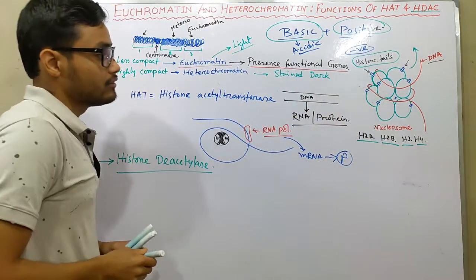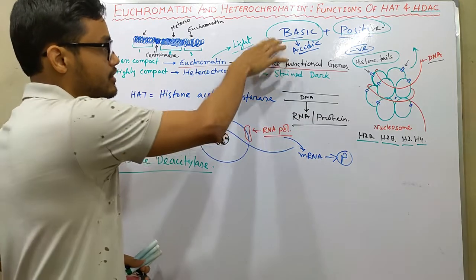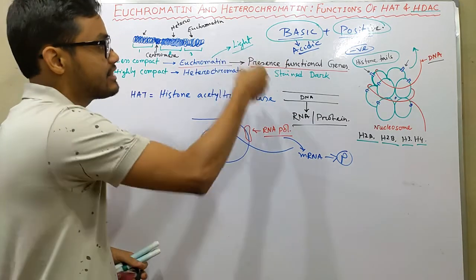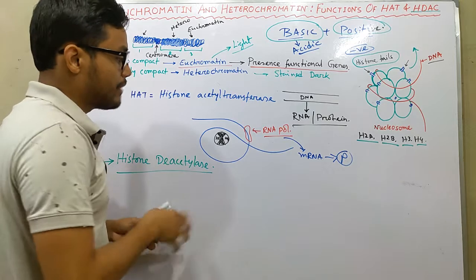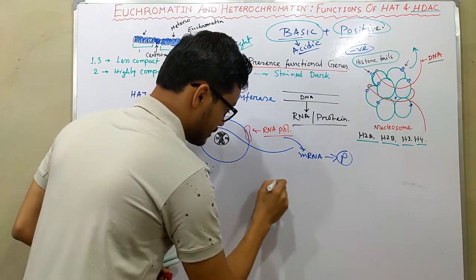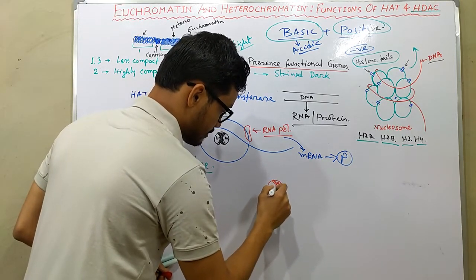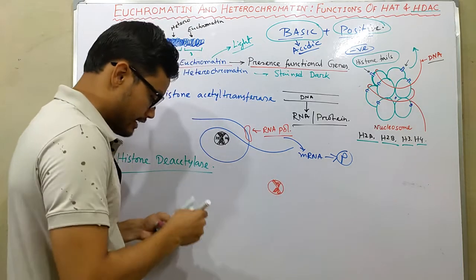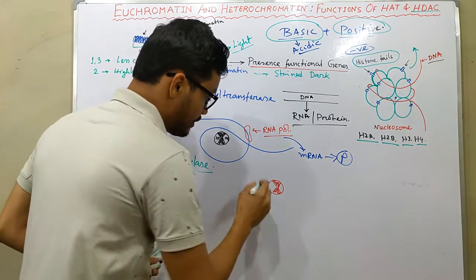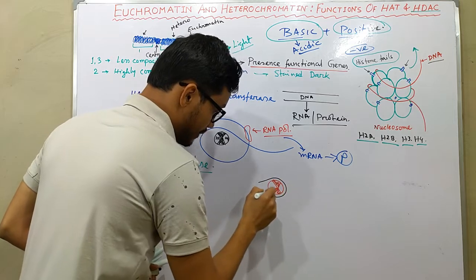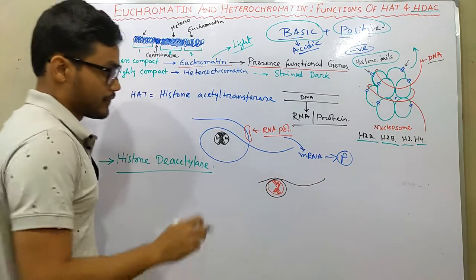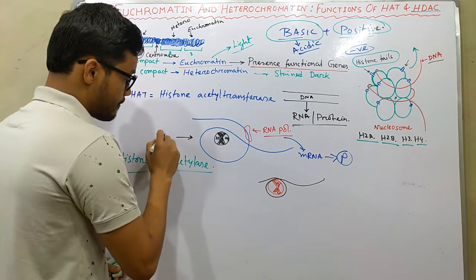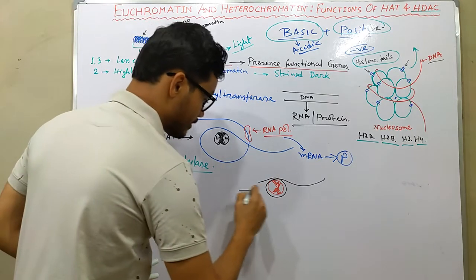So the nature of the nucleosome shifts back to the original, basic in nature and positive in charge. That means now DNA binds tightly with that nucleosome. So this is the work of HAT and this is the work of HDAC.